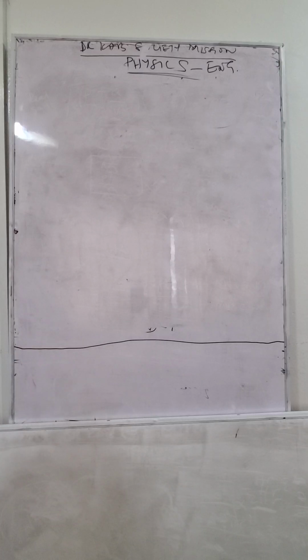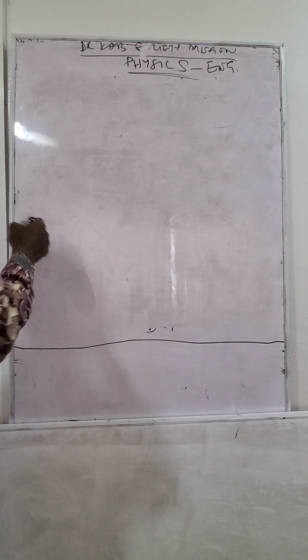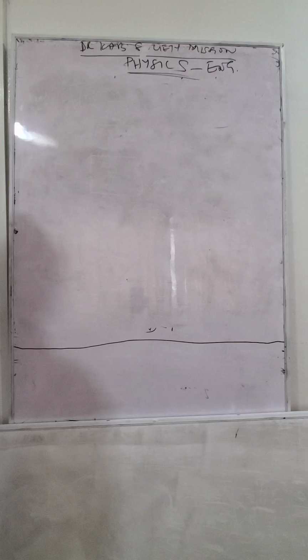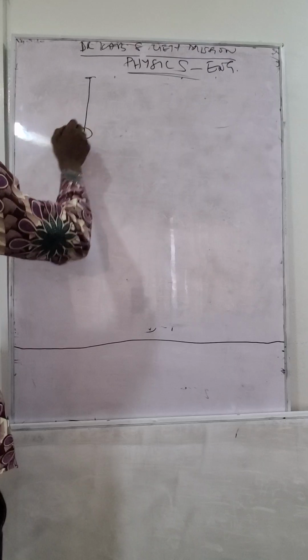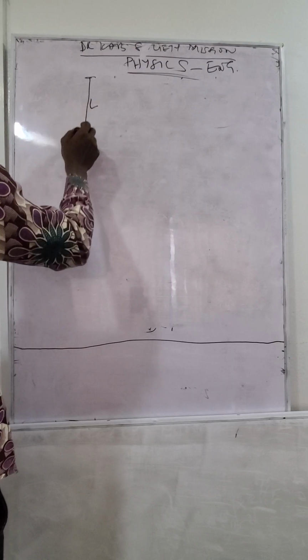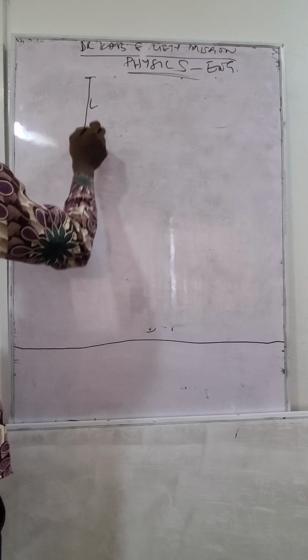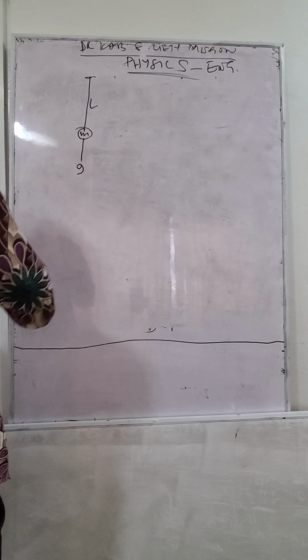Now we move on. We can use what we call a linear method or proportionality method to derive some formulas. For instance, if we have this as our pendulum, this is the length, this is the mass, and of course there's gravity acting on it.